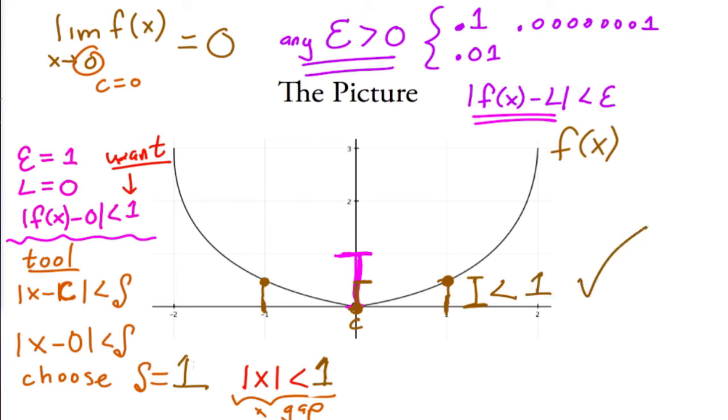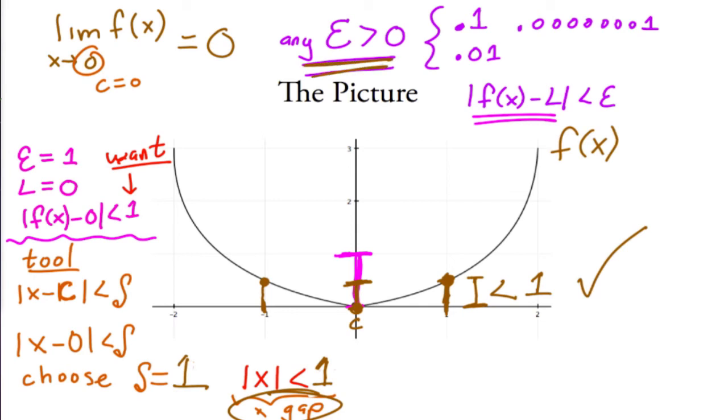So that checks out. Okay, so that's the idea. You want to shrink the x gap so that if you shrink it enough, it fits inside of your y gap.